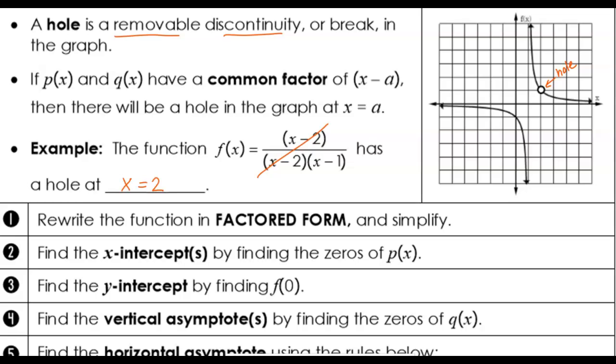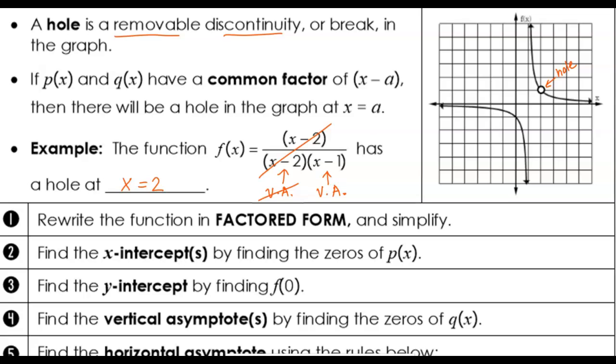If it hadn't canceled out, say this had been a different number, let's see, plus 2, okay? Don't draw that because it's not. Pretend that had been a plus 2. What this x minus 2 would have created was another vertical asymptote. What this x minus 1 creates is a vertical asymptote. Because in our problem, our numerator is actually a minus 2, canceling it out, it no longer is a vertical asymptote.